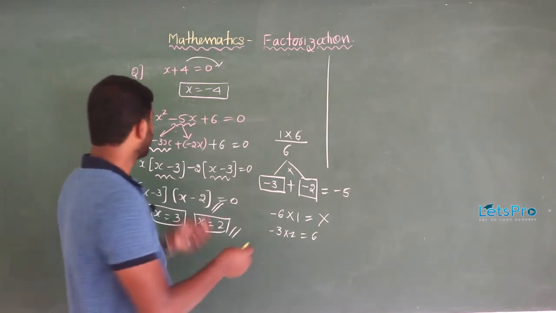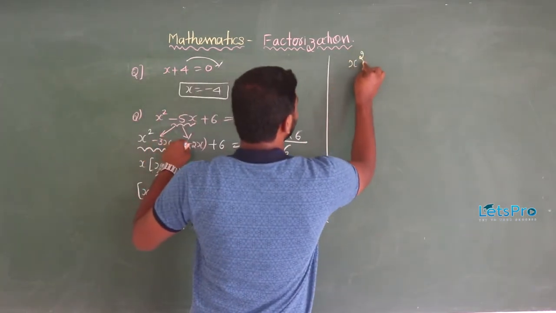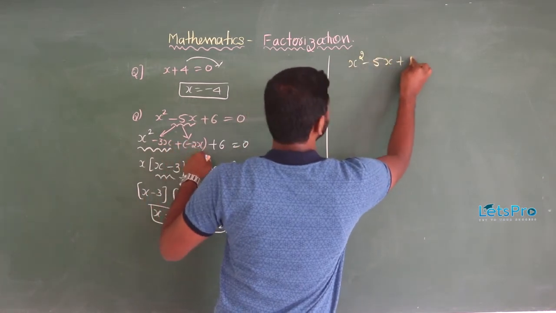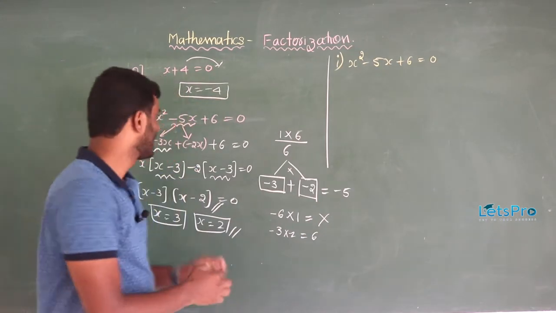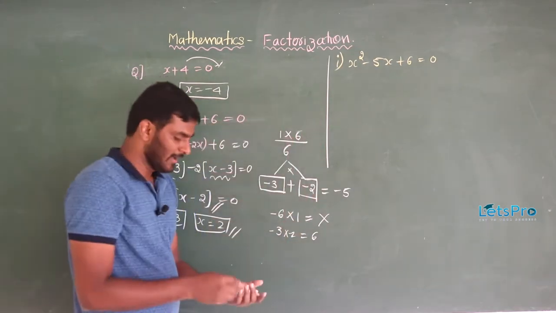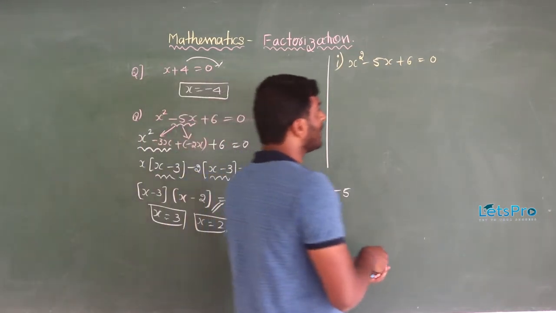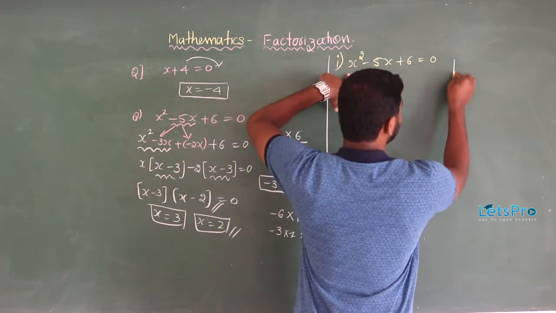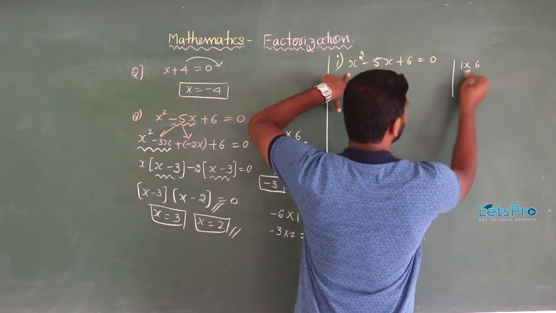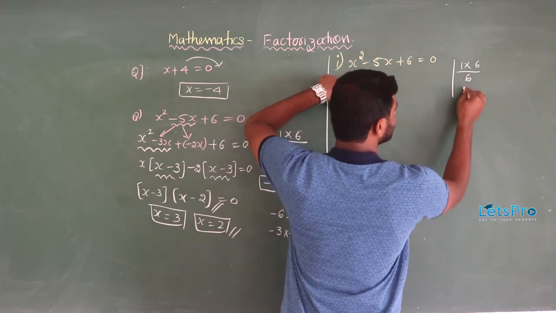So there is x square minus 5x plus 6 equal to 0. This is the first question, the same similar question. We have to know the coefficient of x square and the constant, and multiply them. The coefficient of x square is 1 and the constant is 6, so the total is 6.